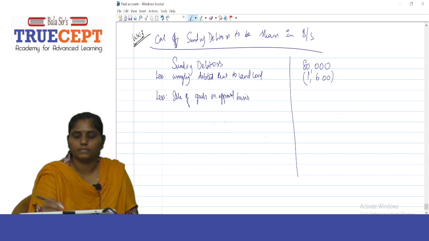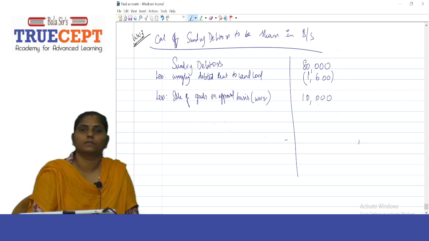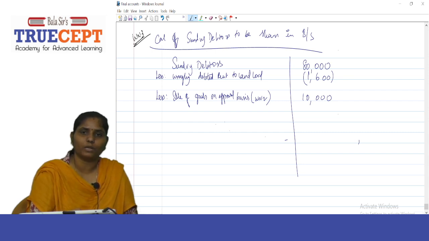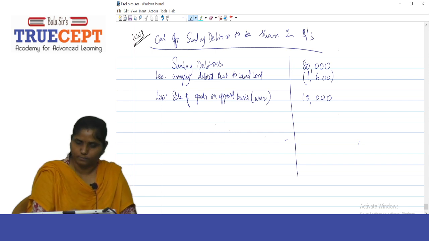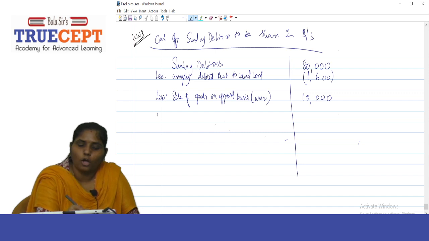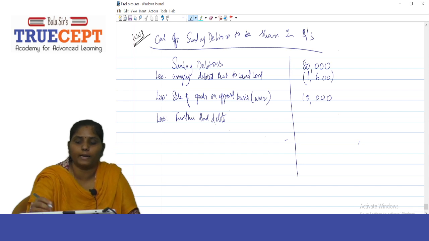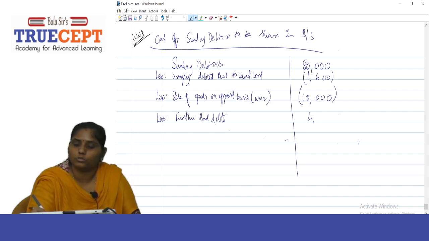You can refer to working note number 2 here because I'm using the amount from there. So 10,000. Why 10,000? Because the customer would have been sold at an invoice price. So I'm removing it. After subtracting 10,000, I also have to subtract the further bad debts. Please check in the trial balance. How much is the further bad debts? 4,000. 4,000 also I'm supposed to remove. Please take your calculator.